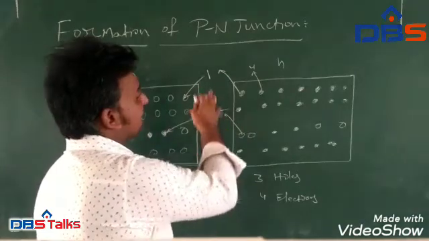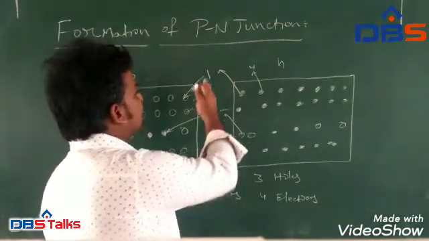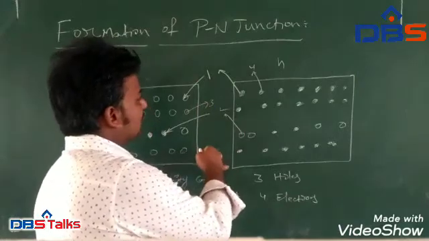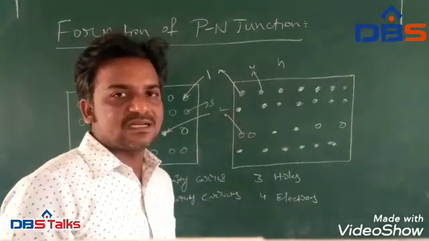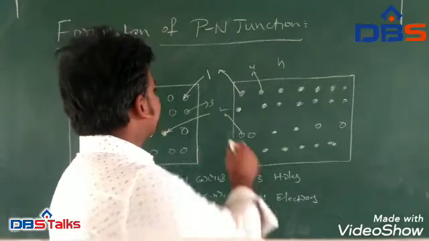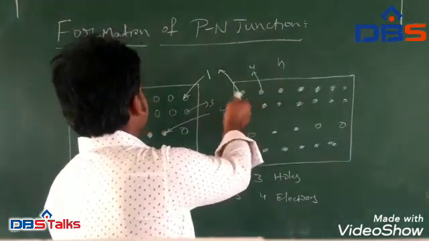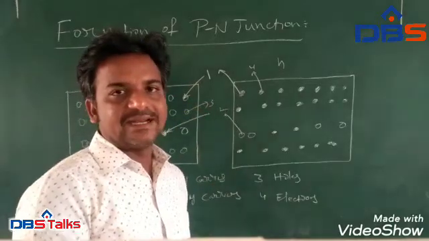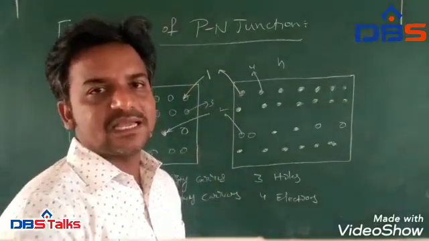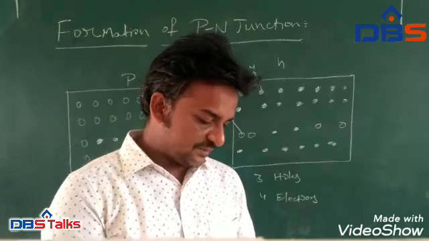That means a depletion region is formed within the region. That space we call a depletion region. Whenever it crosses from one end to the other, we call it a PN junction diode.